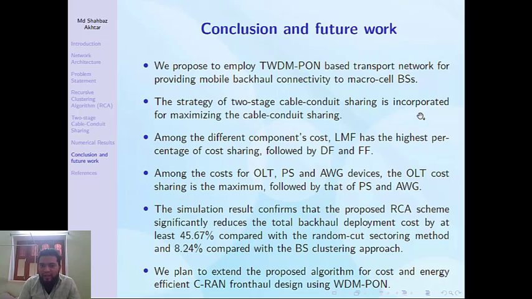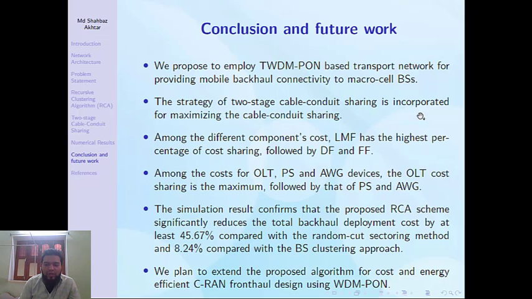So we conclude the paper: we proposed a scheme for designing the backhaul network. We have proposed two different strategies for enhancing the saving of deployment cost. The first is the RCA scheme, and the other is the two-stage cable conduit sharing scheme. We have seen the impact of both schemes on the total deployment cost.